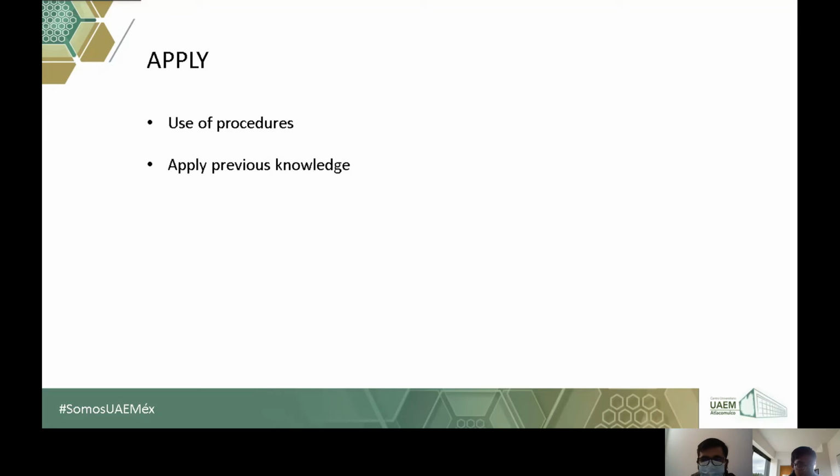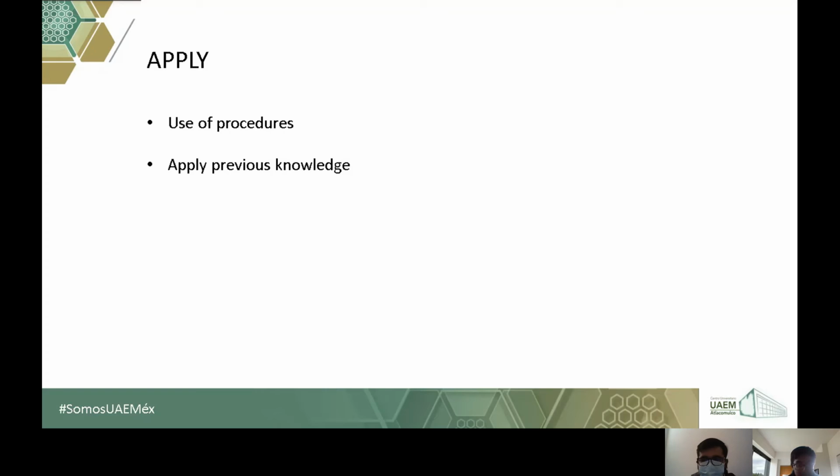Once the students have investigated the information and related the most relevant parts, they apply that knowledge to real problems that arise in order to verify that the learning was correct.